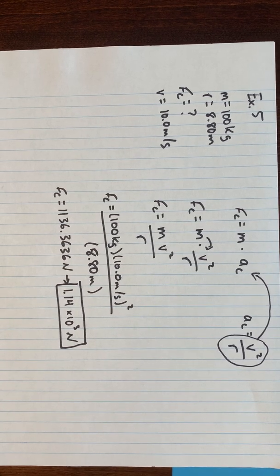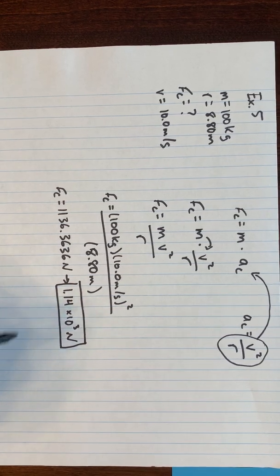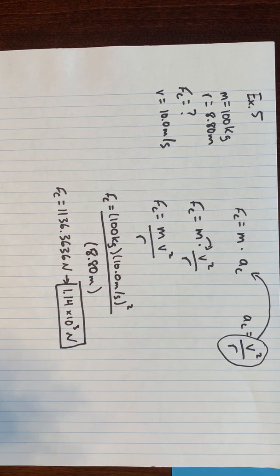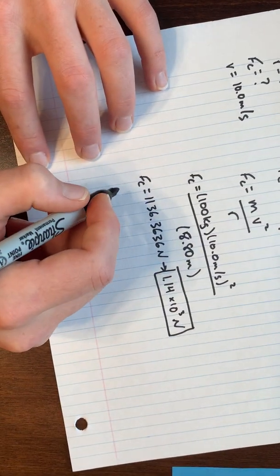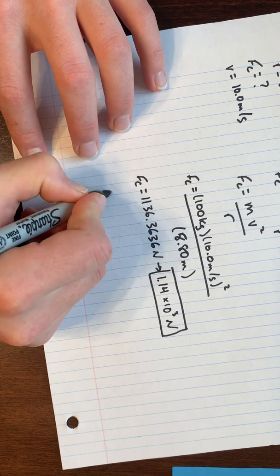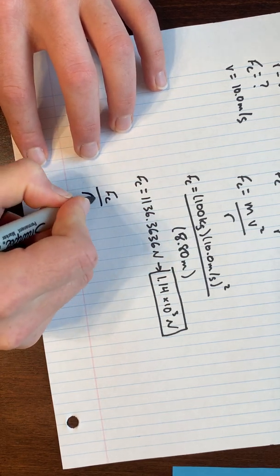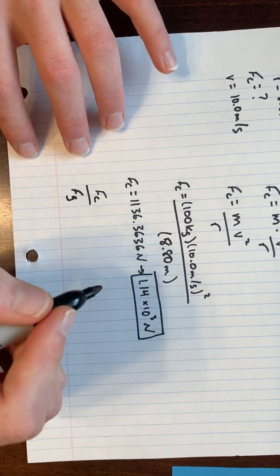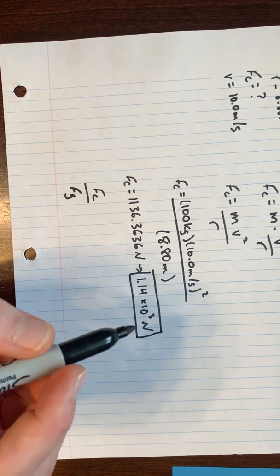Sweet. Now the second part of the question: we're comparing the force the person experienced in the centrifuge to what he normally experiences on Earth. The way we're going to do that is find the ratio of the centripetal force to the force of gravity, so Fc divided by Fg.